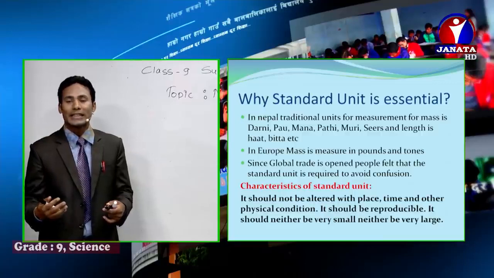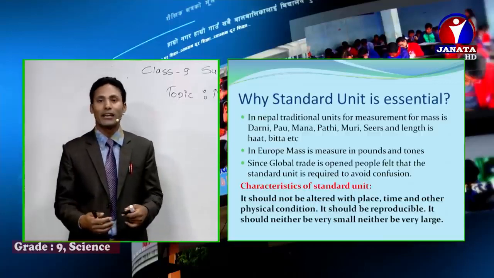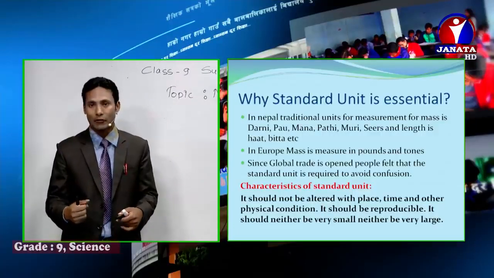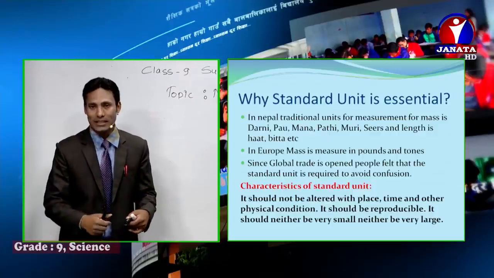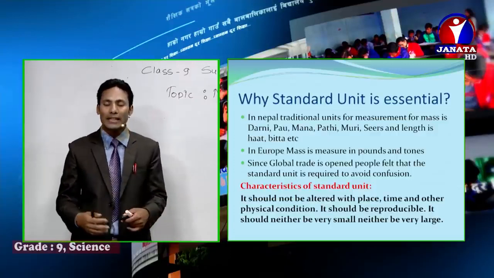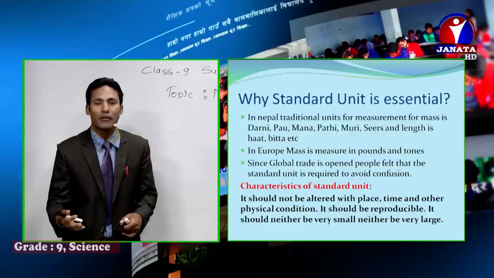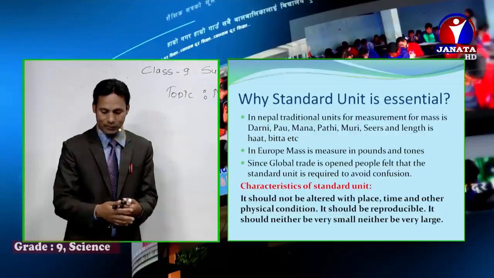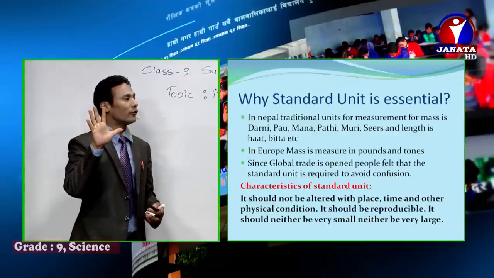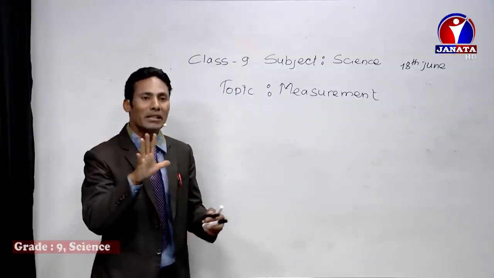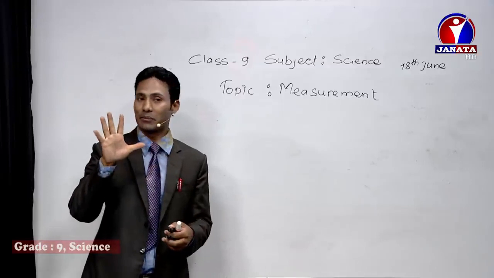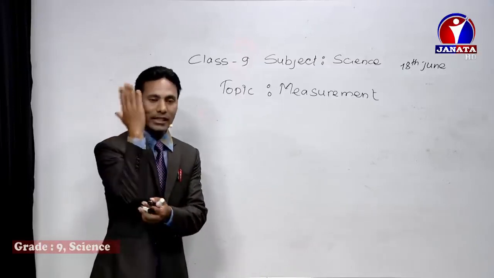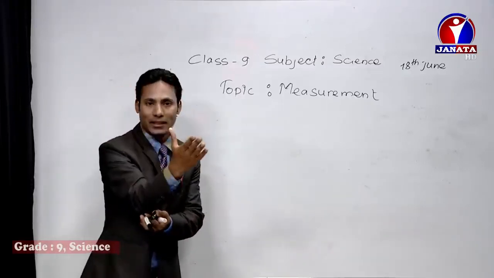These kinds of units they use while they express mass. Similarly, people in the village express the length of any material in terms of hat and bitta. For example, this is the bitta, right? If you visit some places, they may measure the length of cloth with the help of this bitta also. They may use this hat also. It is called the hat, right?